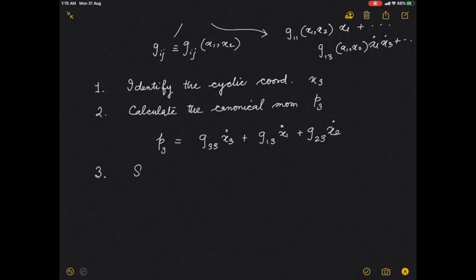So the prescription says that then we solve. This p3 should be a constant, right? Let's call it C3. Then you solve for x3 dot in terms of C3.